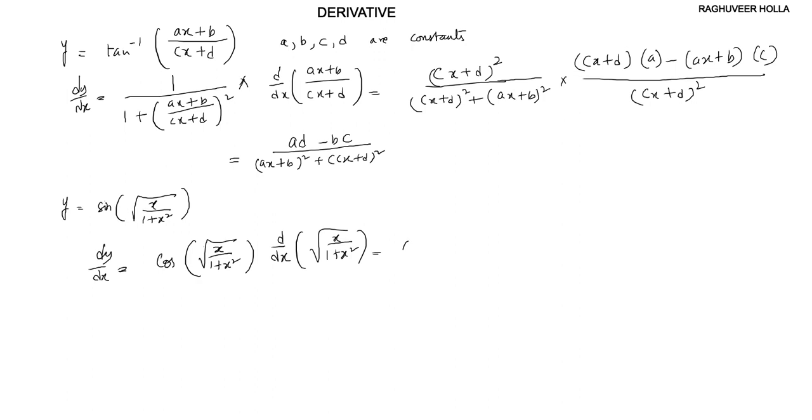Now this is equal to cos of square root of x by (1 plus x square), okay, and multiplied 1 by 2 root of x by (1 plus x square), right? And d by dx of x by (1 plus x square), right?